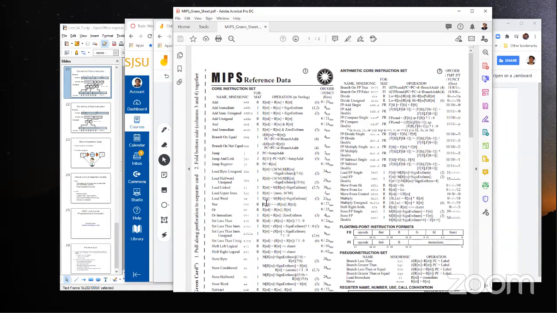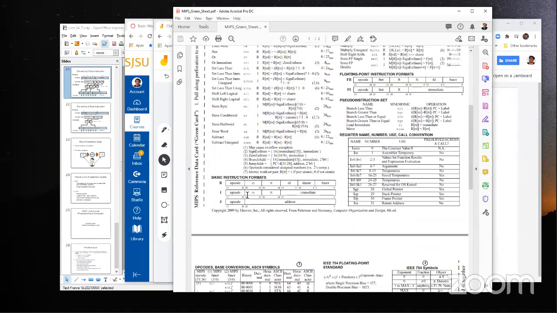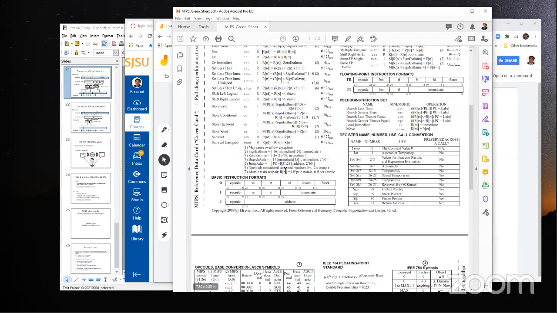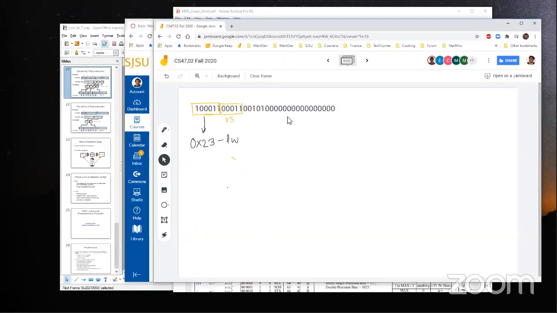I type means I have to parse with respect to 5 bits. The next 5 bits are my register RS, and 5 more bits are my RT, and the rest 16 bits are the immediate.